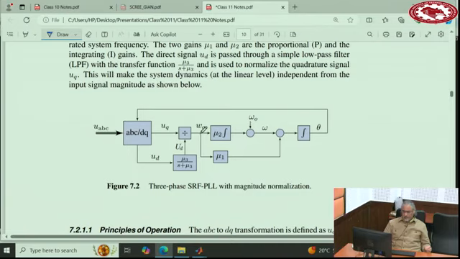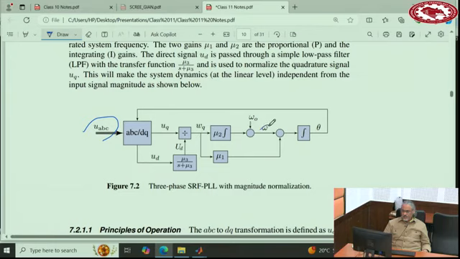And then you regulate that to 0, and by regulating it to 0, generate an internal variable for frequency and integrate that again to generate an internal variable for angle. If this loop is stable, you can prove very easily that this angle will converge to the angle of the positive sequence of this waveform.